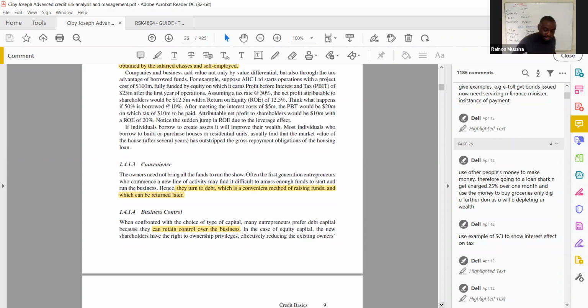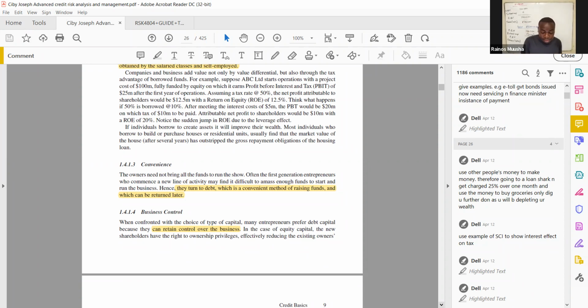With equity financing, you have to accumulate your money in your reserves to be able to finance the project. But with debt financing, it's convenient in the sense that you're able to get money now instead of waiting to get that money later to start the project as well.